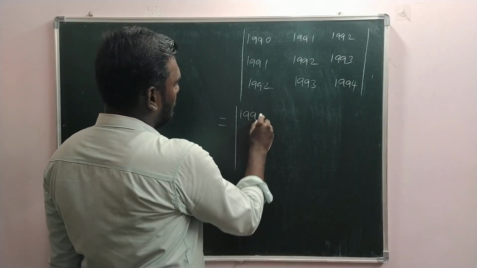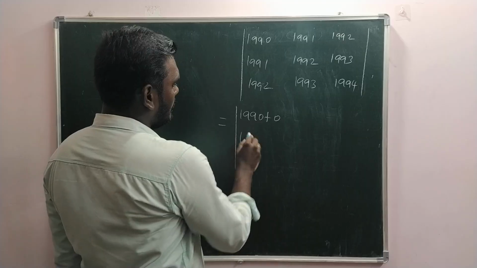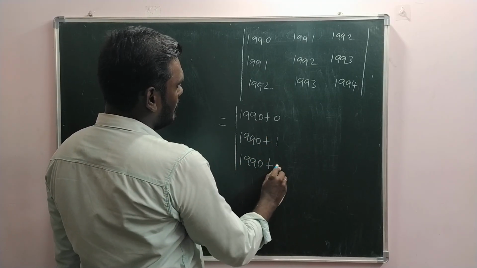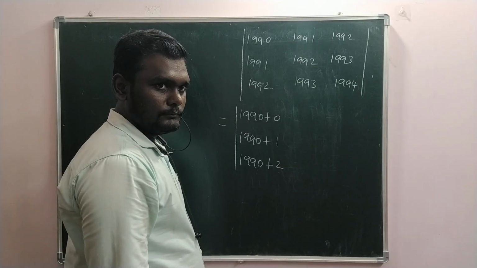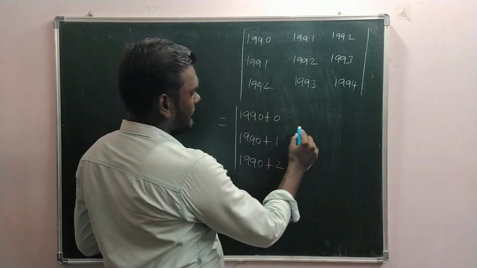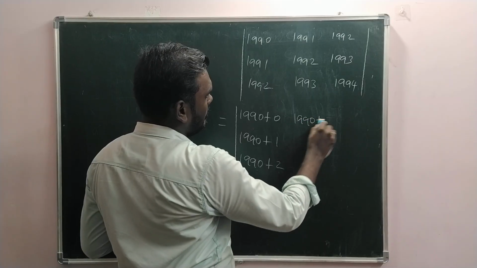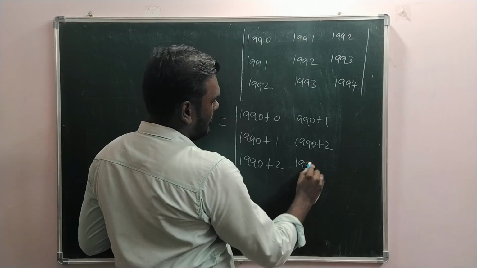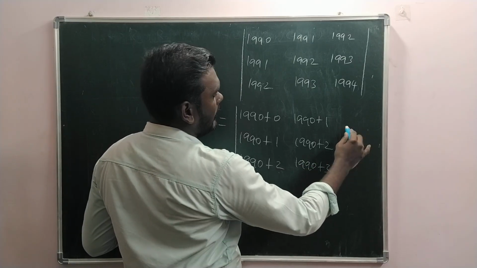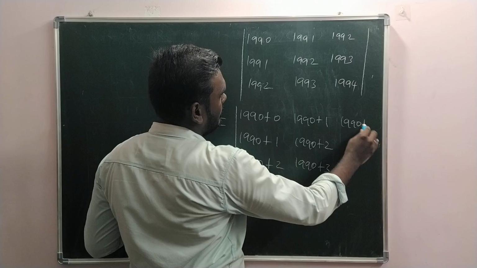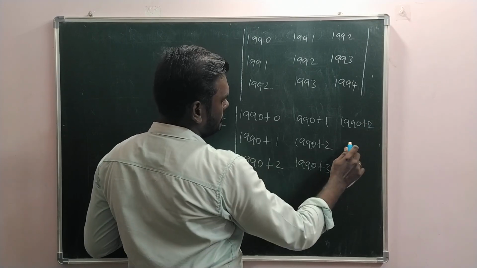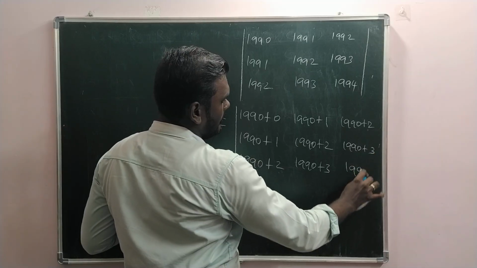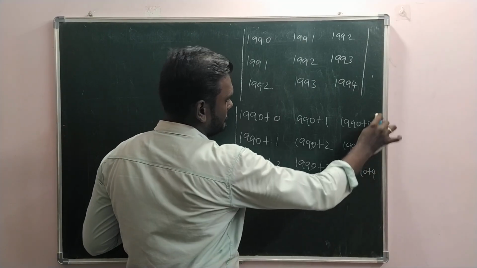This can be written as 1990 plus 0, 1990 plus 1, 1990 plus 2. Then 1990 plus 1, 1990 plus 2, 1990 plus 3. And 1990 plus 2, 1990 plus 3, 1990 plus 4.